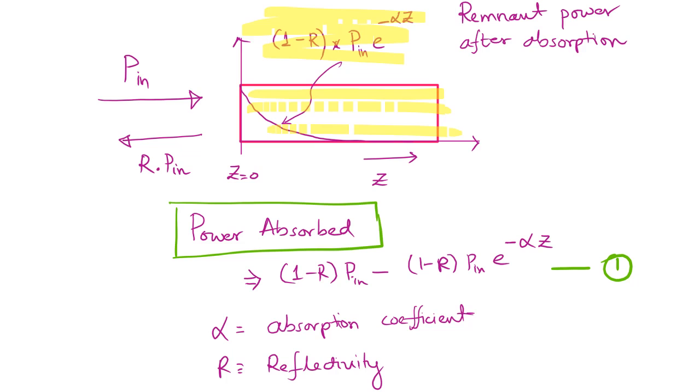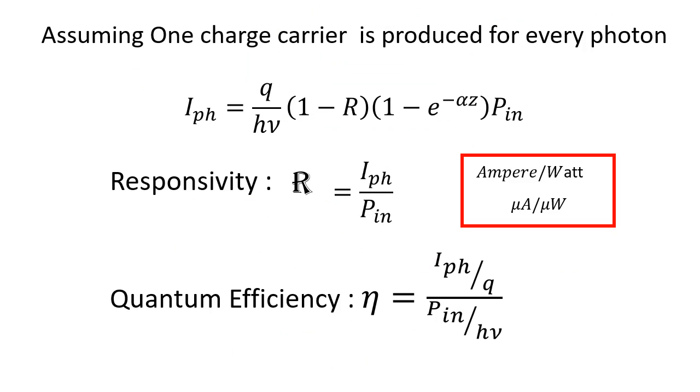So the equation 1 can be rewritten in this form, right? So you have the photocurrent being generated because of this power which is essentially absorbed, right? So this is my power absorbed, and if you look at the power, that is essentially the amount of energy per unit time.